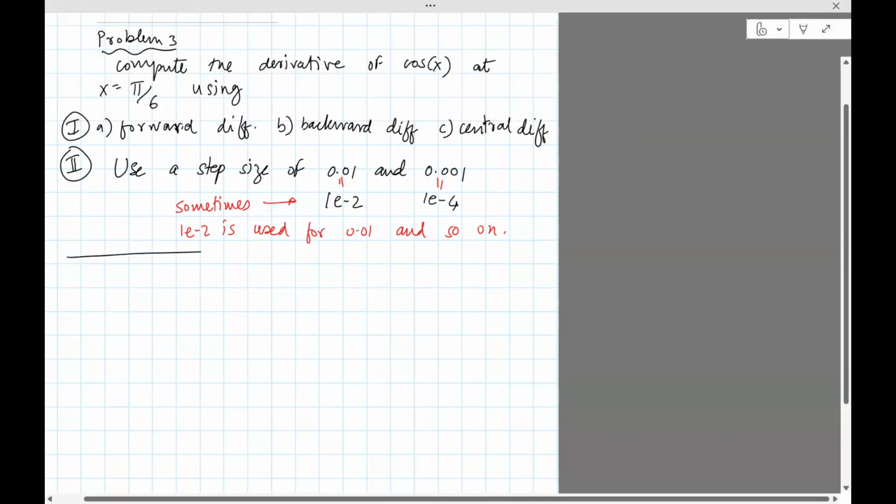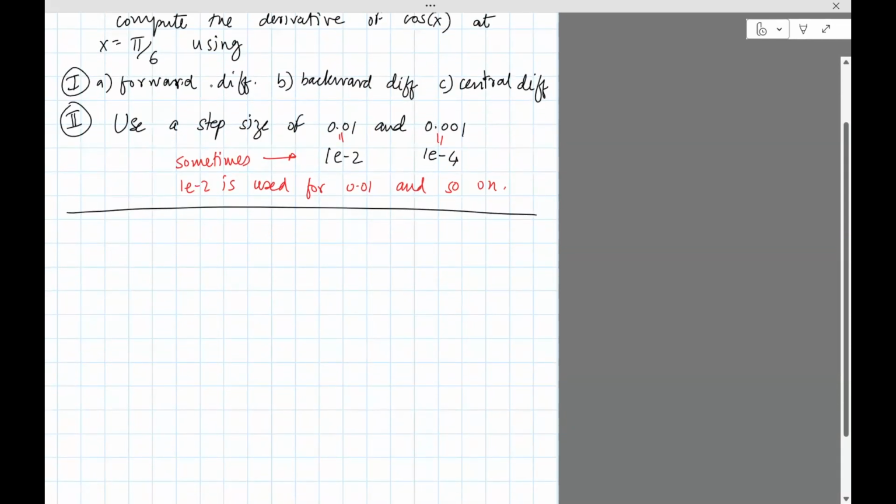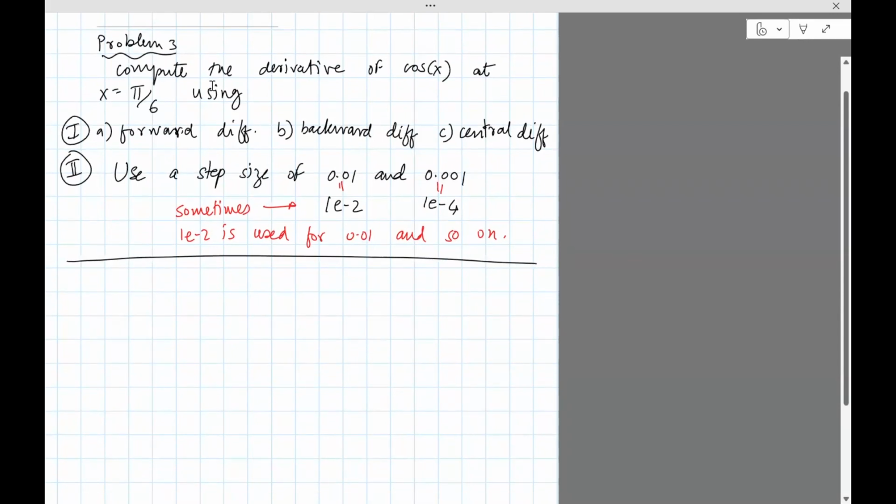So what we have here is essentially computing the value using those approximations. But before we do that, let's compute the derivative of cosine x using the actual derivative. We know what the derivative of cosine x is. So the actual value: f of x is cosine of x, f prime x is negative sine x.